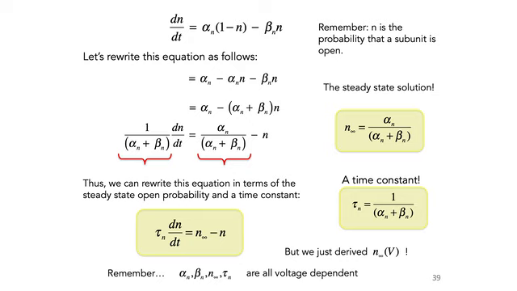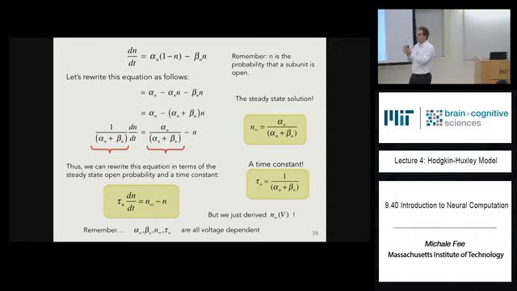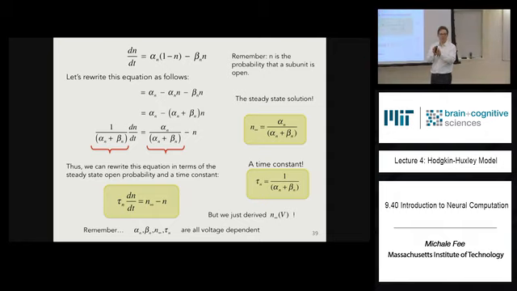What is n infinity for very negative voltages? Do you remember? Just approximately? Big, small? Half? What's the probability that a potassium channel subunit is open at very negative voltages? Zero. It's off.